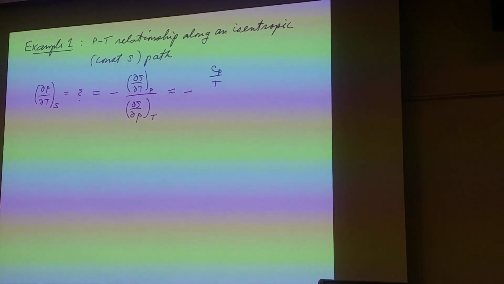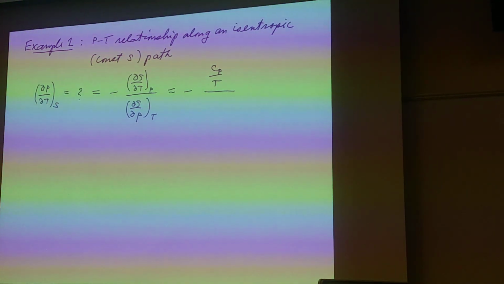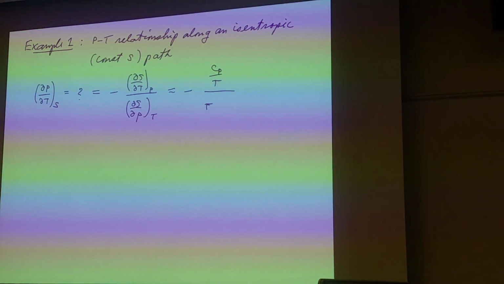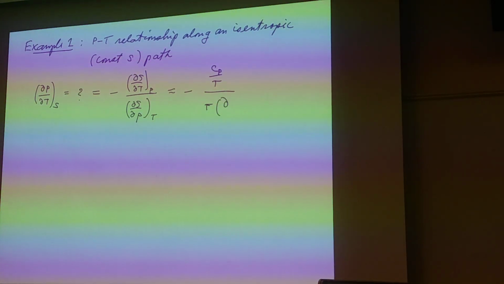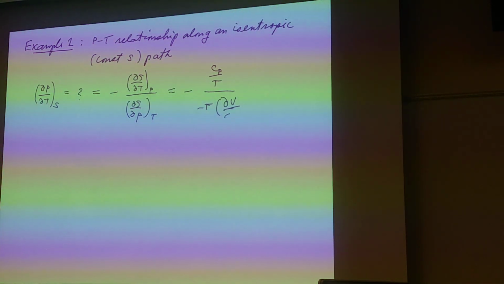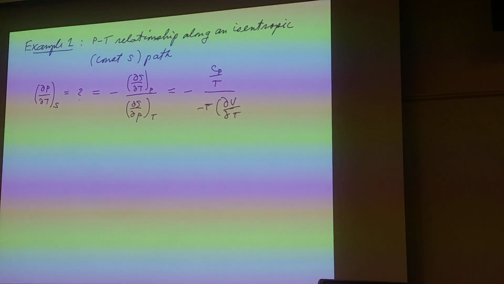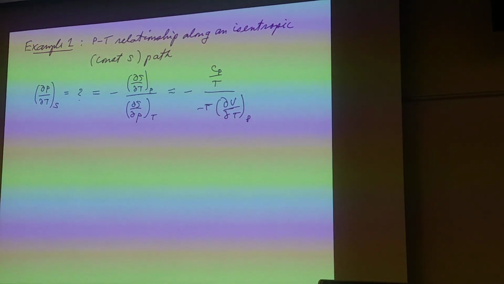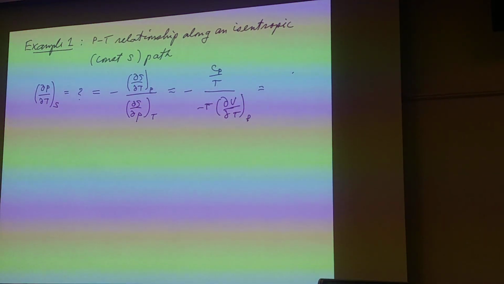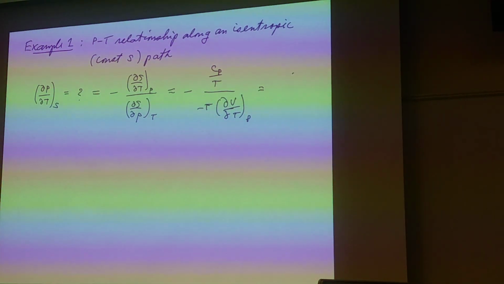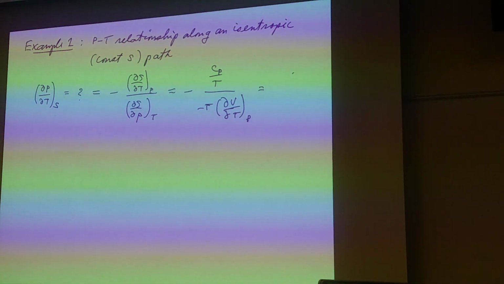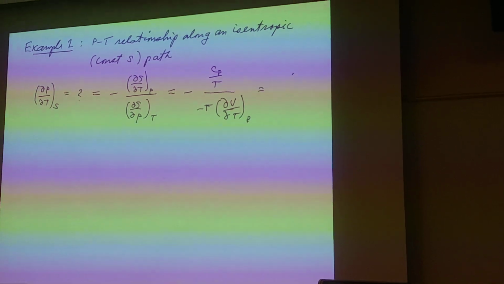So that's Cp over T, and the denominator is going to be T times, it's got a minus there, dV/dT at constant P. So the minuses go away, and I can write this as, I'm sorry, that T does not belong there.